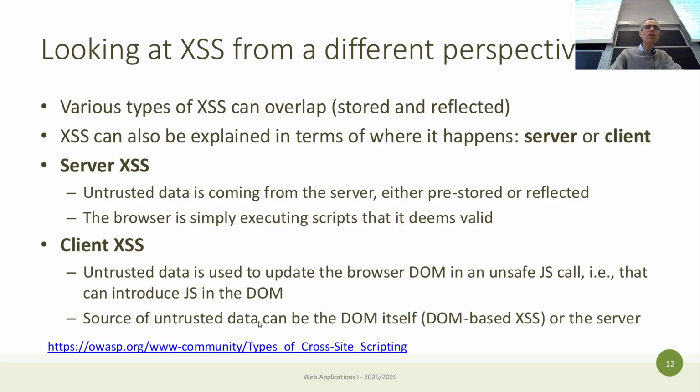And the source of untrusted data can be the DOM itself or the server, okay? The DOM itself, we saw it before. So we took it from window.location, okay? Or it can come from the server as well. I mean, we don't really know, okay? That new link with the hash could have come from the server as well, okay? Somebody, of course, had to create this malicious link in some way before we were able to access it, okay?